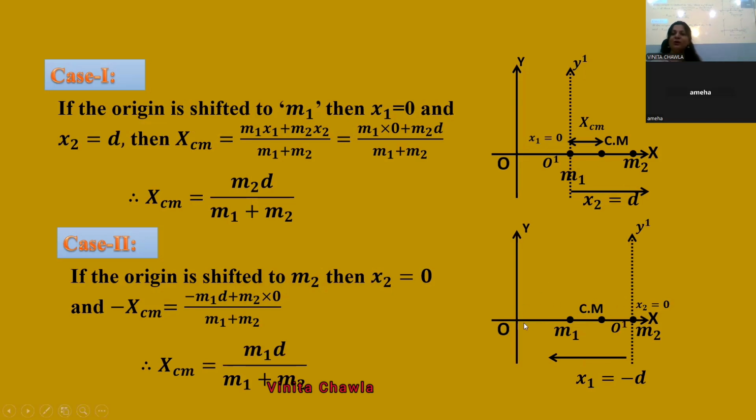When we move our origin to M2, you can see M1 is along the negative x-axis, no? So x1 is minus d, not d this time, it is minus d. So minus M1d plus M2 into 0 upon M1 plus M2. The coordinate of center of mass is M1d upon M1 plus M2.